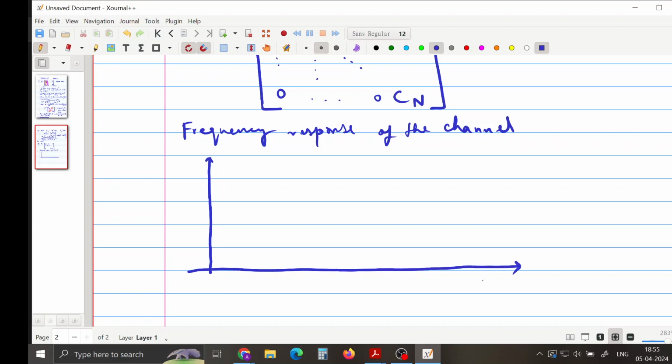Along the horizontal axis I have frequency, omega, and along the vertical axis, let's say I have the magnitude of the frequency response, the gain, |C(e^{jω})|, and let's say it has this following kind of pattern.